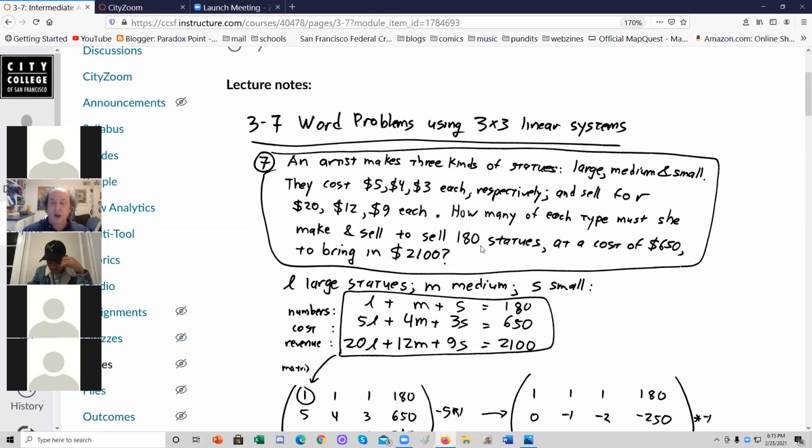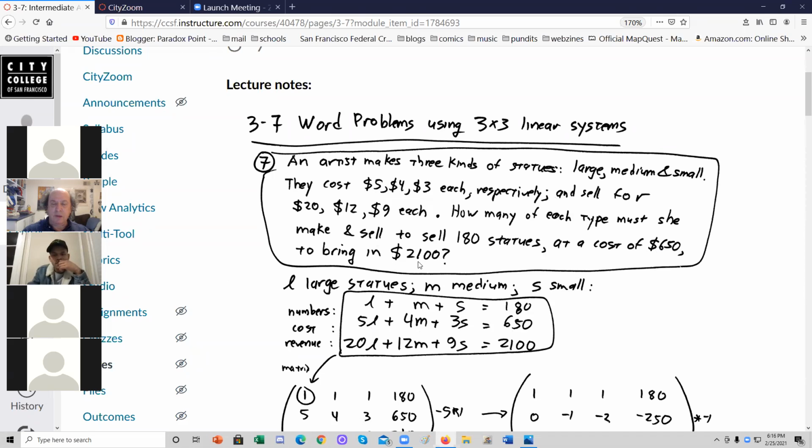Okay, 180 statues, therefore L plus M plus S equals 180. The cost is $650. The large statues cost $5 each, the medium statues $4 each, the small statues $3 each. So the cost will be 5 times L plus 4 times M plus 3 times S, and that equals $650.